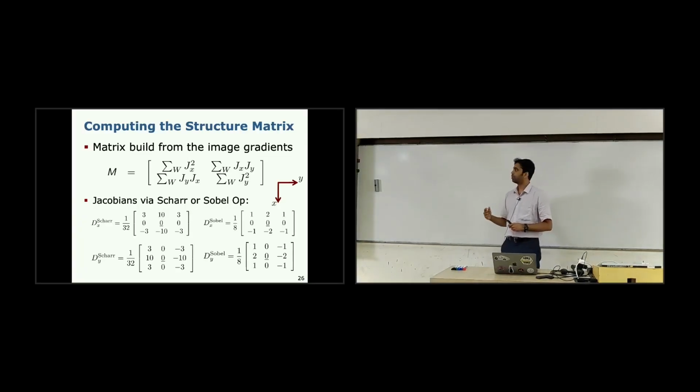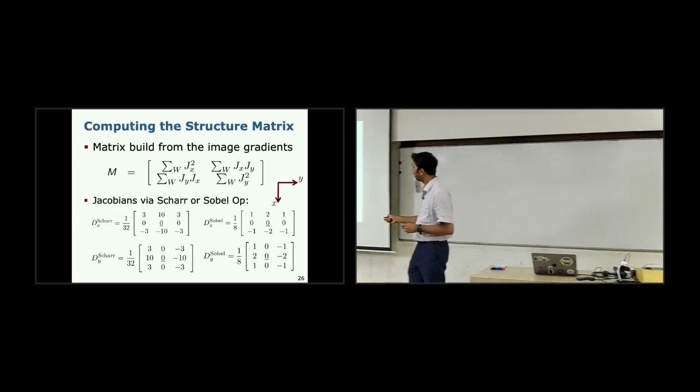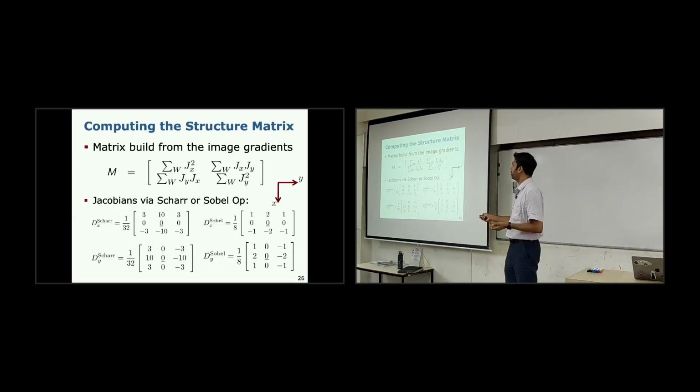If you look at those kernels which compute these convolutions, the Scharr kernels look like the ones on the left. If you look at those numbers, the outer number is just a normalization factor. If you add up the magnitude of these numbers, 3 plus 10 plus 3, that's 16, times 2 is 32. So you're just normalizing this. What this kernel does, when it operates on the image, is subtract things on the top from things on the bottom.